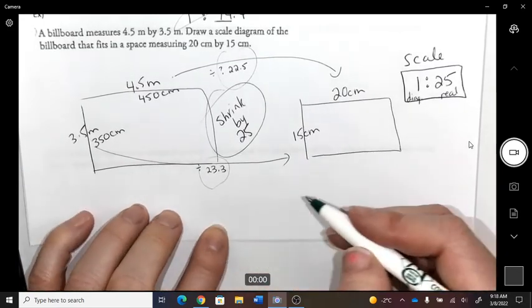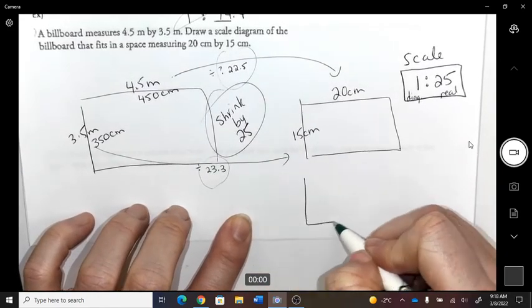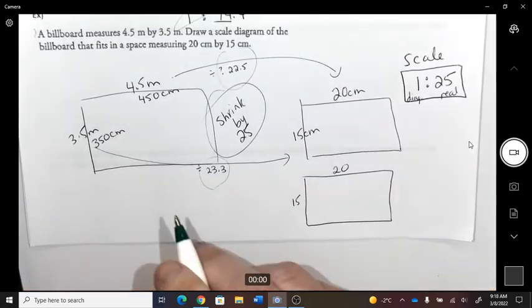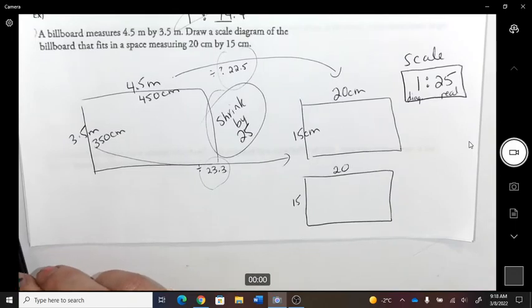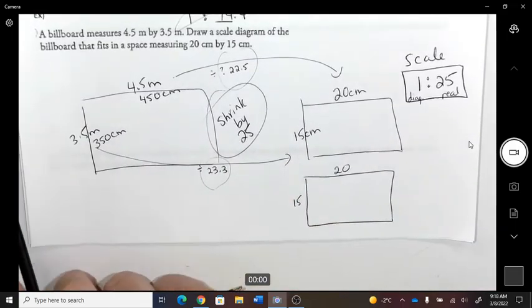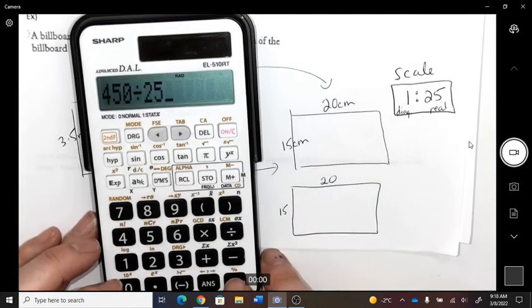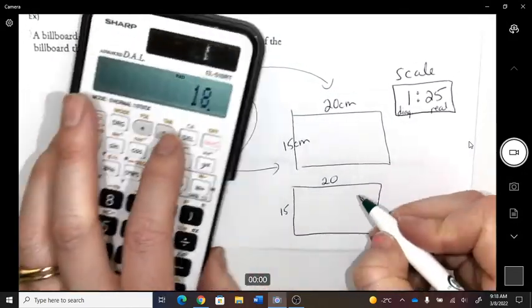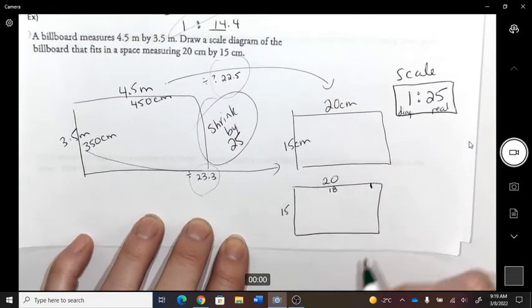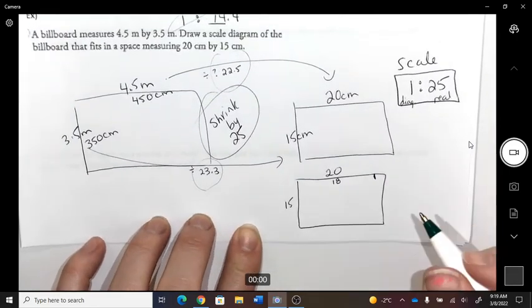Okay, so let's just see what it would look like on our page. So if our page was 20 by 15, if I was to shrink this by 25, it's 18. So that fits on my page.